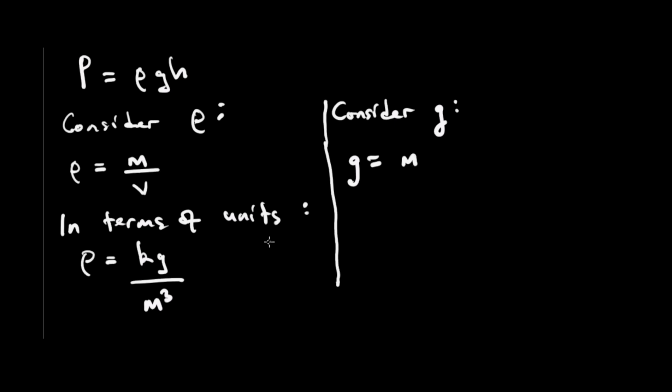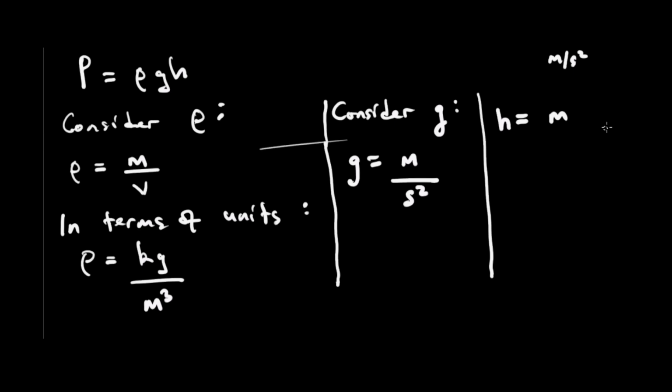But since we want to use it in manipulation, we will not write meter per second squared, let us write meter over second squared. Then of course h is equal to m, because h is height and height is length. That's why we just write meter, m.